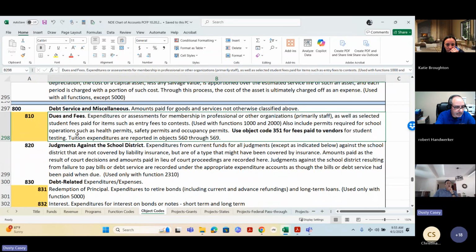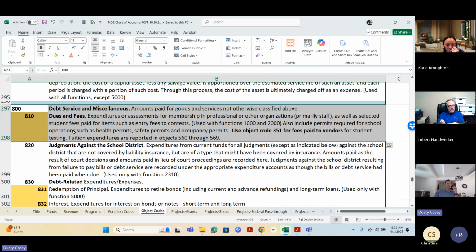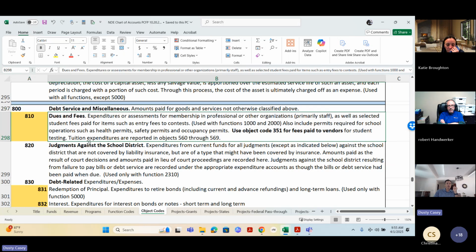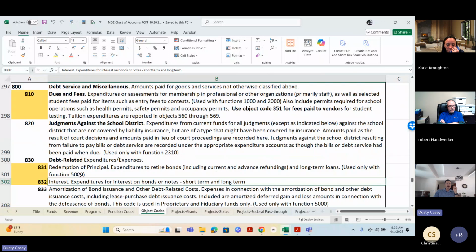So yeah, according to the ND chart of accounts, right? And I'm going to refer back to this because this is what these budget templates are built on, as well as the 387 report. You have specific codes for things like debt service, including principal, debt related redemption of principal, interest, right?